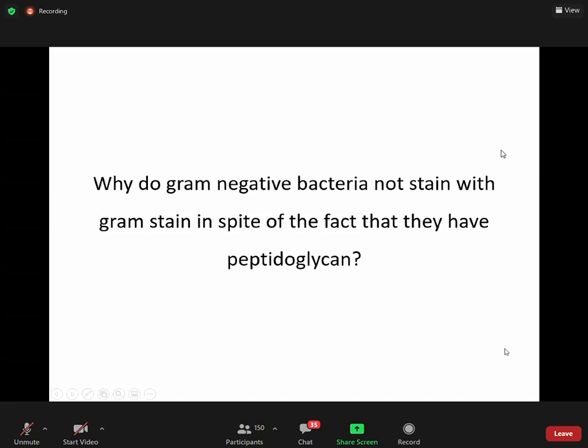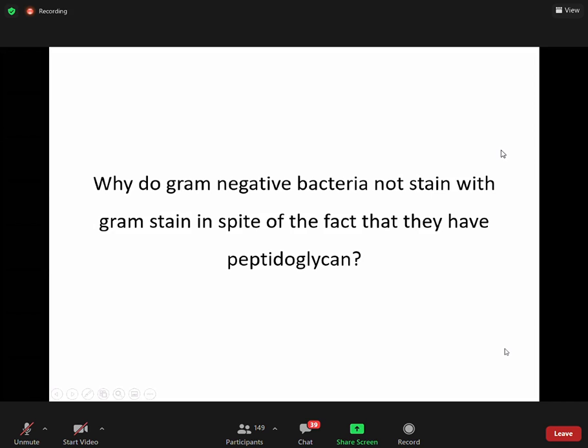In gram-negative bacteria, the complex will not be attached to the thin peptidoglycan layer, and when you put alcohol, it will be decolorized because the complex is not attached. In that case, what will be the color of gram-negative? Which is the counterstain, safranin? Yes.